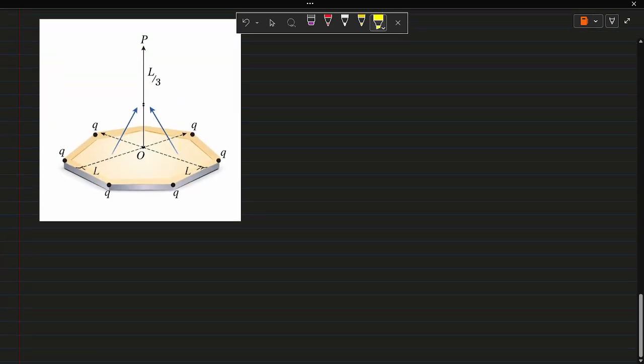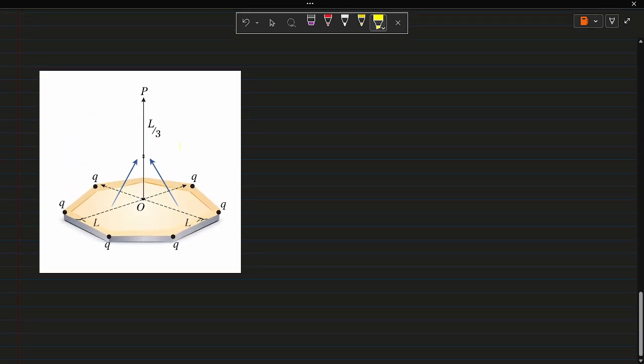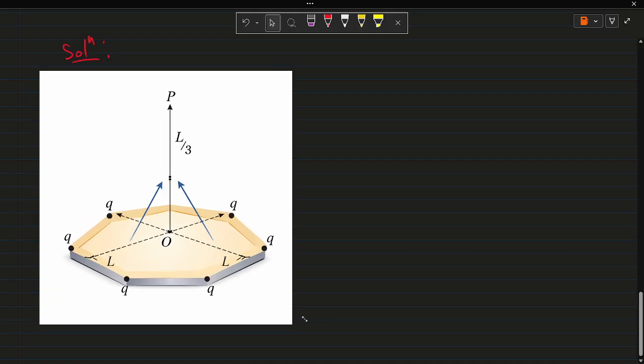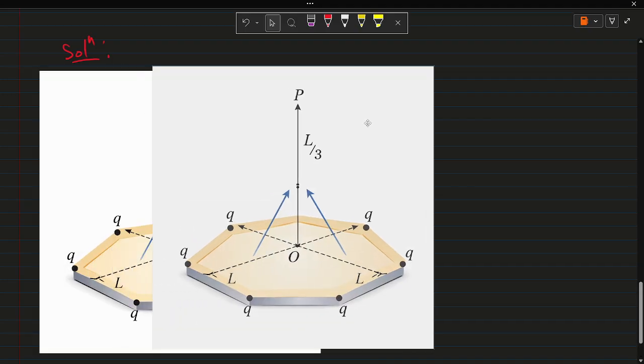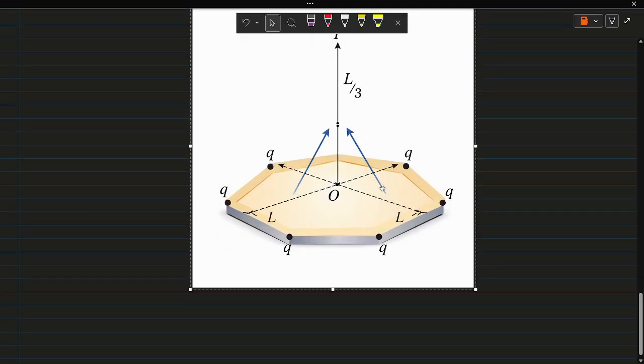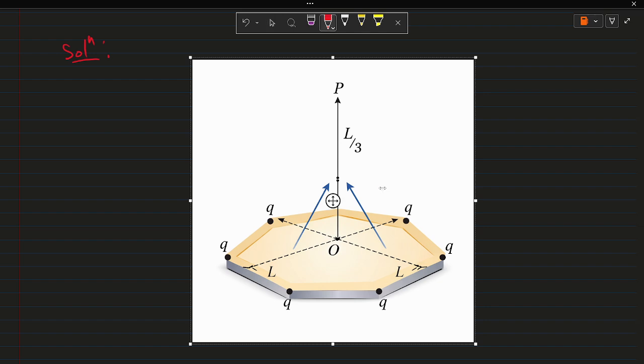So here we already have a diagram. Just look at the diagram here. This one is a hexagon, right?